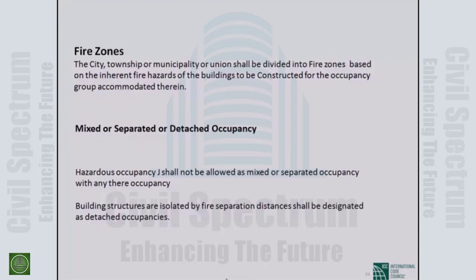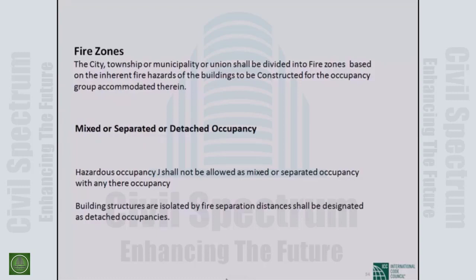That is the idea of mixed occupancy. I repeat the same thing: mixed means different types of occupancy are amalgamated in a single building, with no proper separation, because I will design everything with the most critical one.